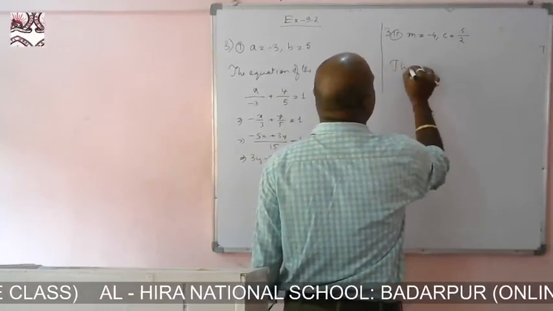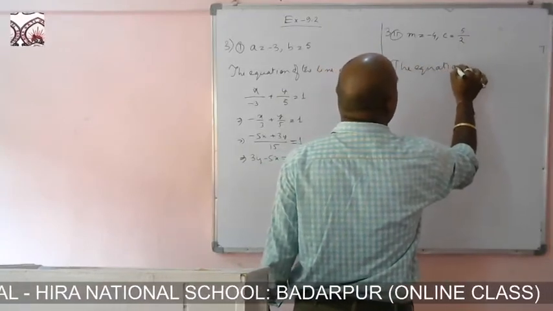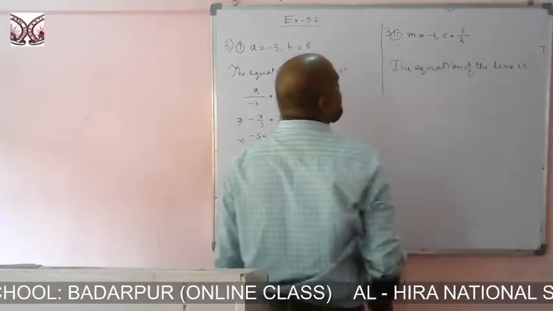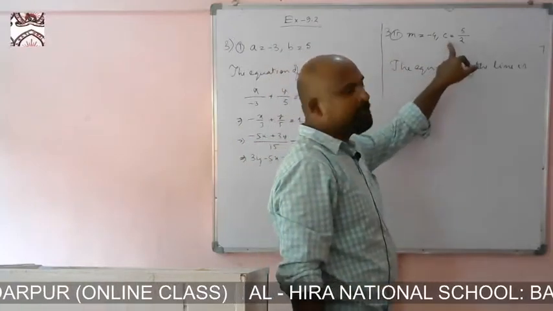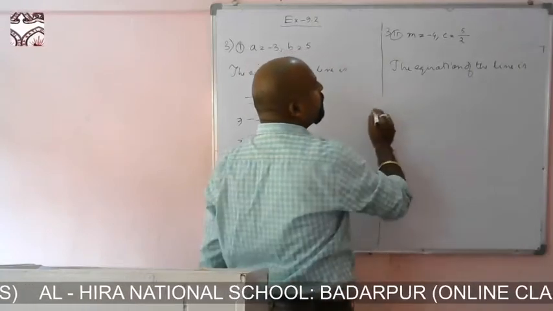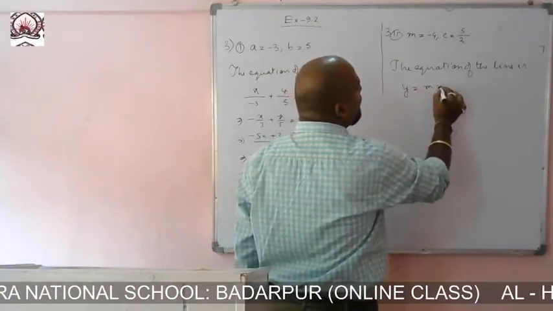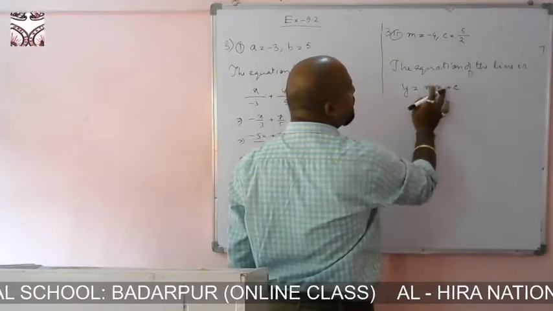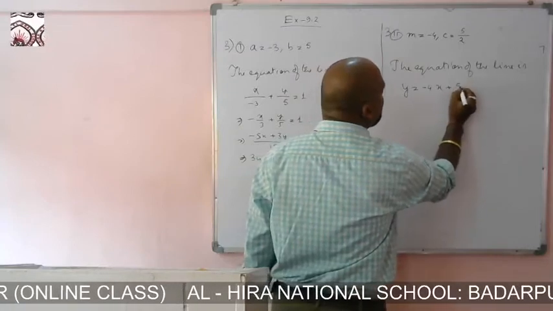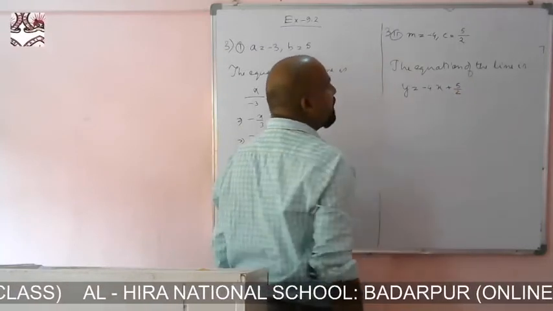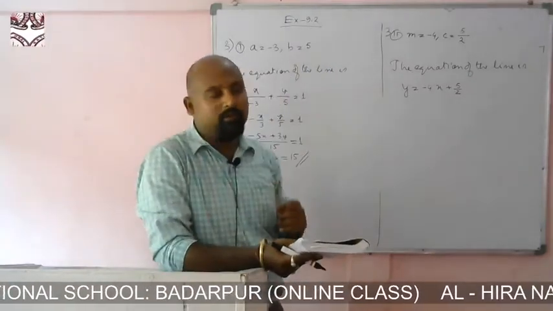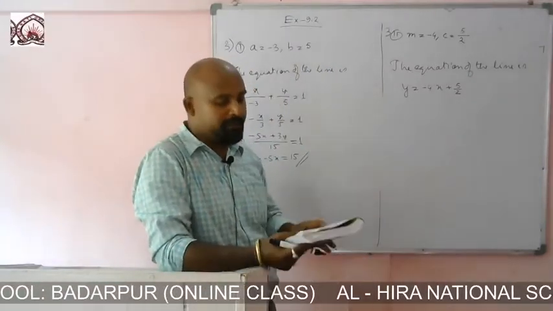Then the equation of the line: now we can see that the gradient and the y intercept are given, so we can use the formula y equals mx plus c. Here m is minus 4 and c is 5 by 2. This is the equation of the line in the gradient form, y equals mx plus c.